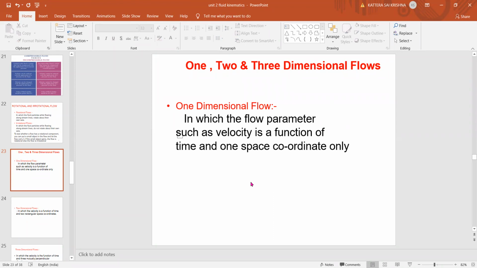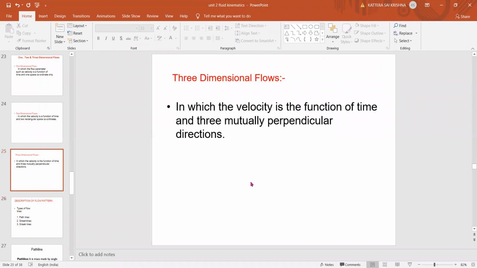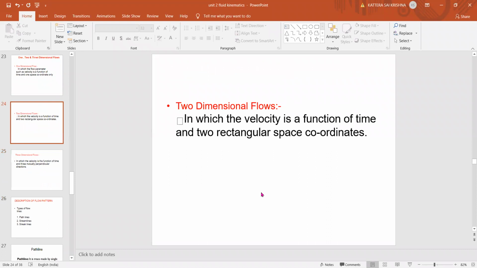When we go to two-dimensional flow, the velocity is a function of time and two rectangular coordinates, x and y. Here you will have a u value in the x direction and a v value in the y direction, but in the z direction, w equals 0.